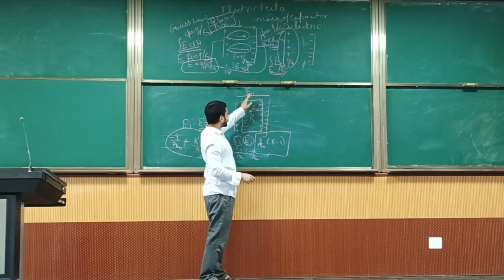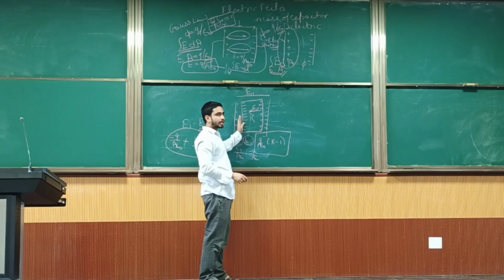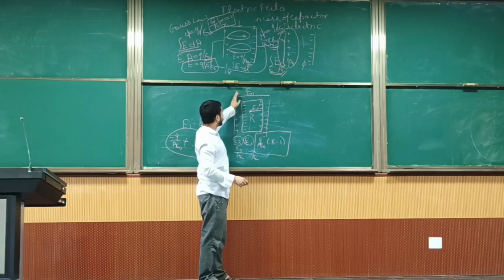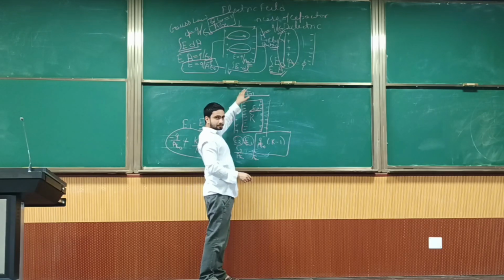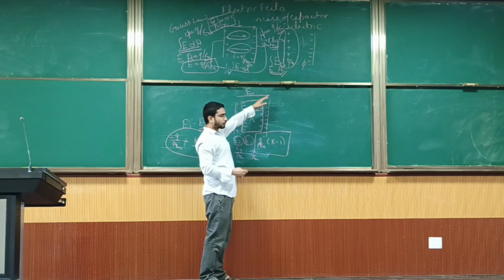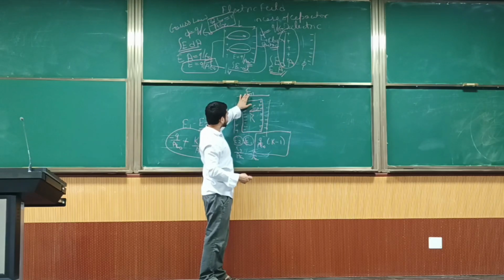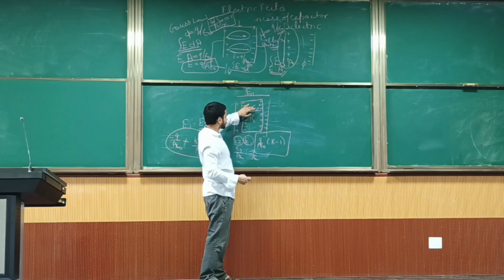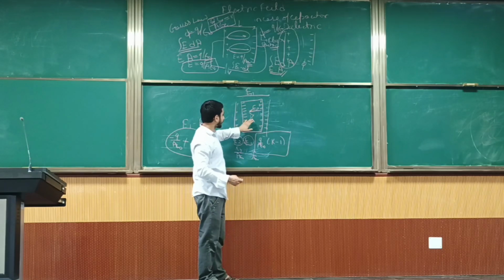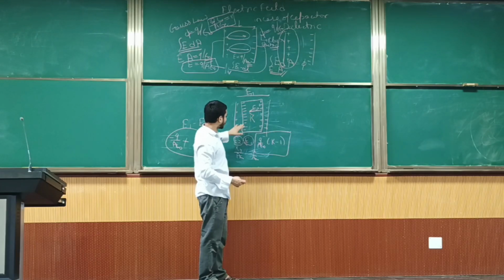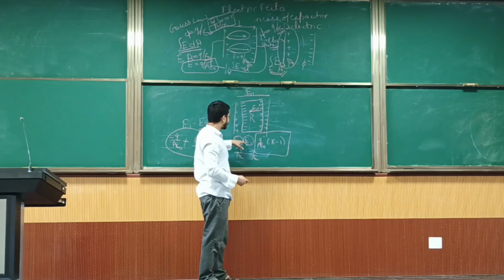So the directions of E1 and E2 will be opposite, but since K epsilon naught is larger, the net will be E2 minus E1.